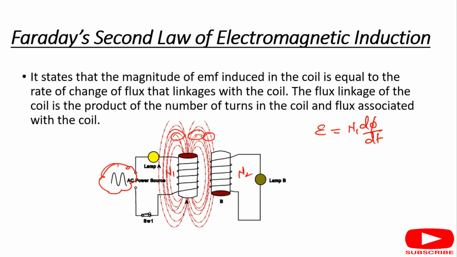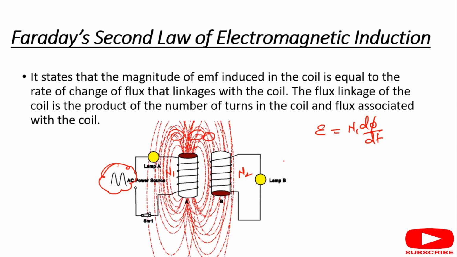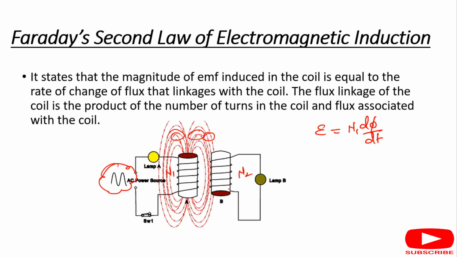Now when we connect the circuit in coil A and also connect a lamp, the circuit follows a closed path, so lamp A will work, because in coil A the flux continuously changes with respect to time. But in coil B, sometimes the flux is linked in coil B, but sometimes the flux is not linked in coil B.